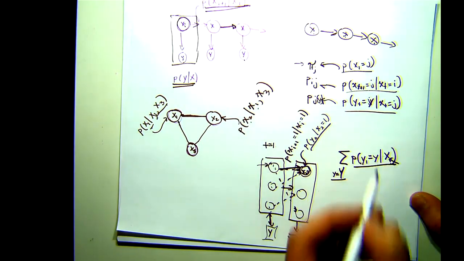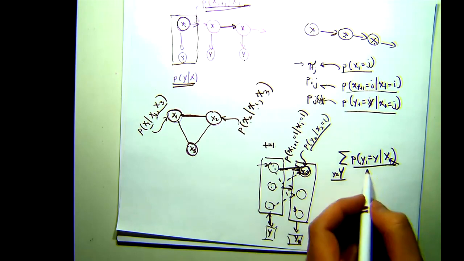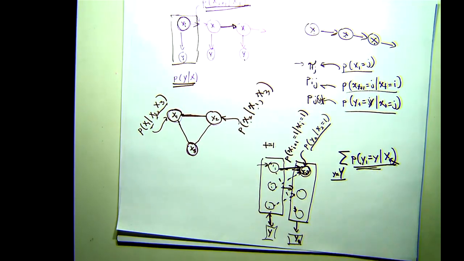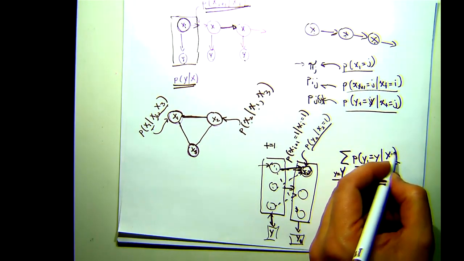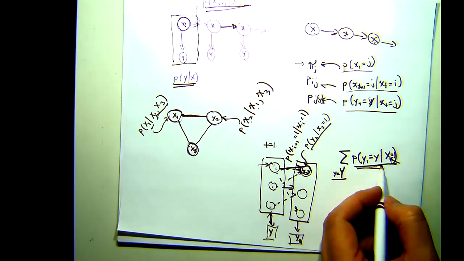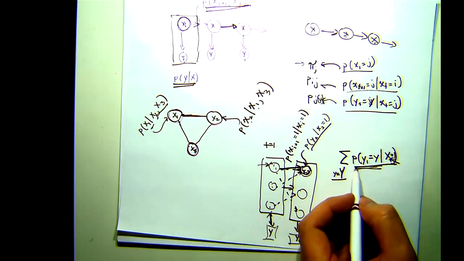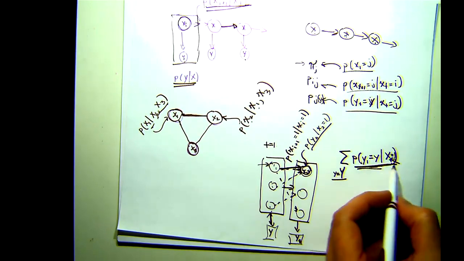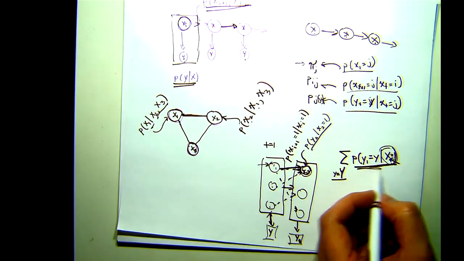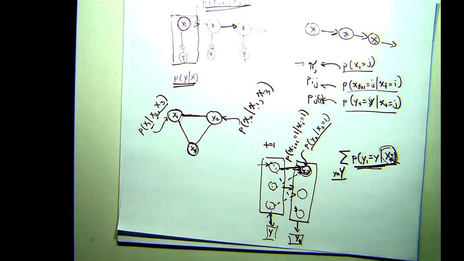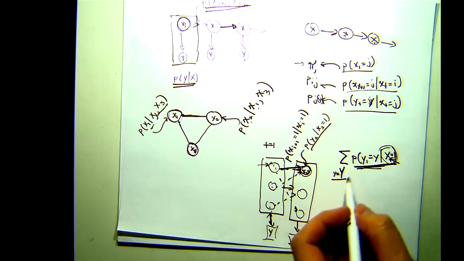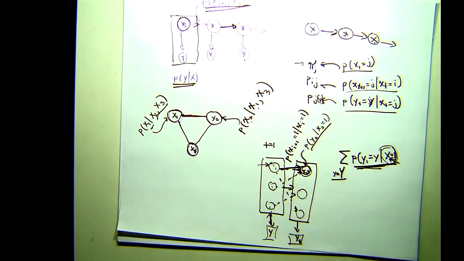But when you have a different x, the emission probabilities are different. When x is equal to 1, you're going to have one set of probabilities. When x is equal to 2, you'll have a different set of probabilities. But for any given x setting, when you sum over all the y's, it has to equal 1. That's just standard probability theory. When you sum over all of the possible settings, it always has to equal 1 in order to be a distribution.